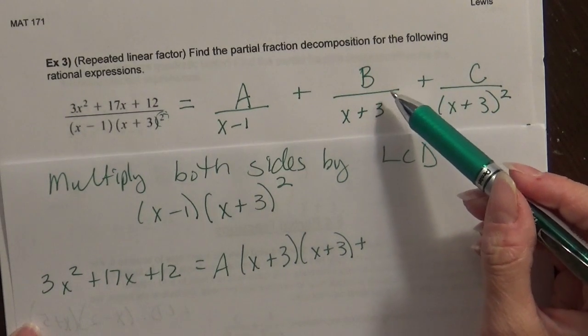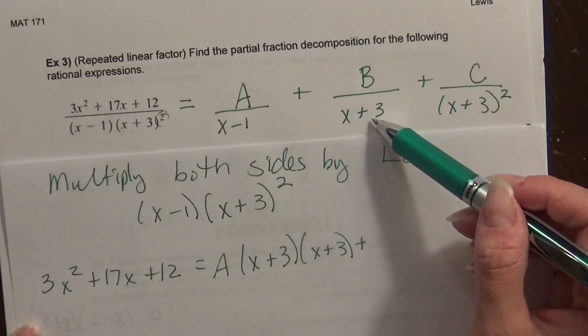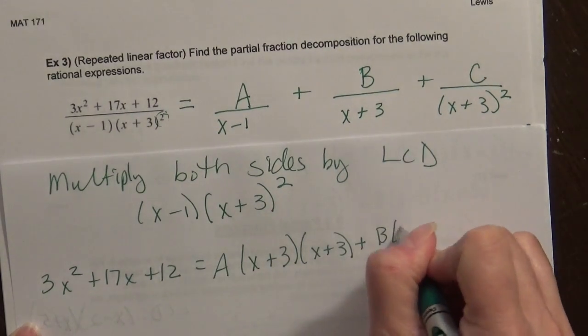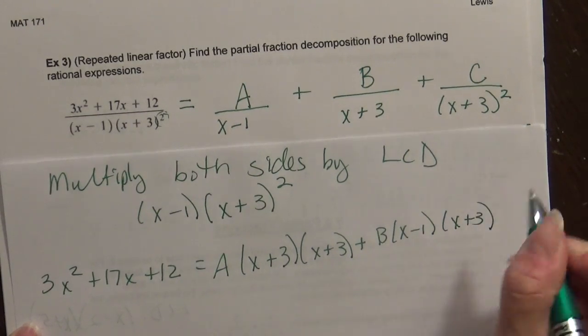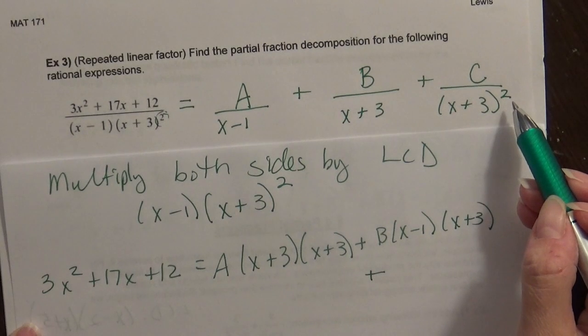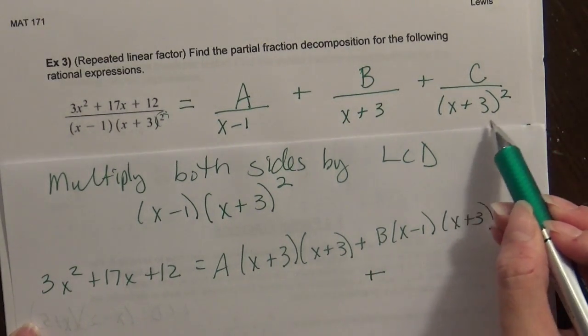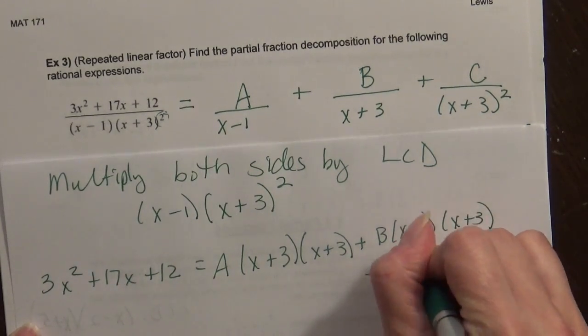When I multiply this middle term by my LCD, one of the x plus 3 factors cancels, so I'm left with b times x minus 1 times x plus 3 to the first. And when I multiply the last term by the LCD, all of the x plus 3 factors cancel out, and I'm just left with c times x minus 1.